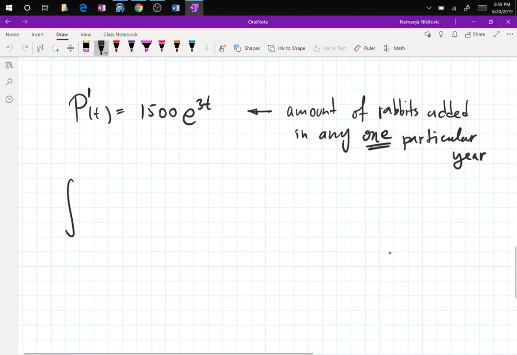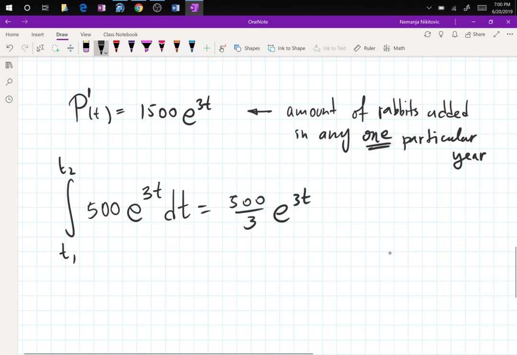And then you can integrate over the range t1 to t2, which is, in this case, 500 e to the 3t dt. That will give you 500 over 3 e to the 3t computed from t1 to t2.